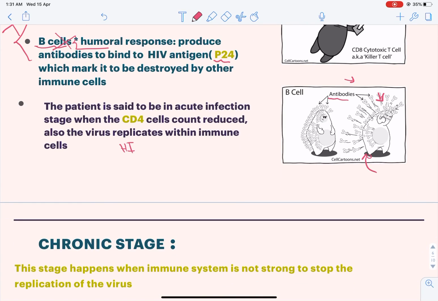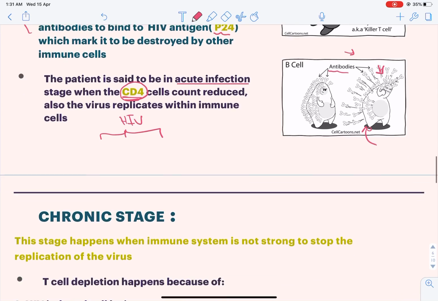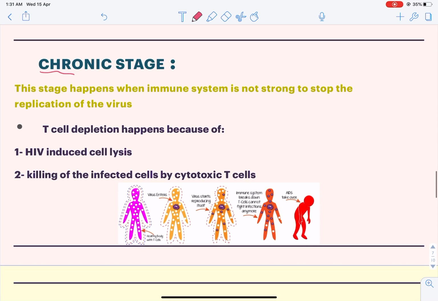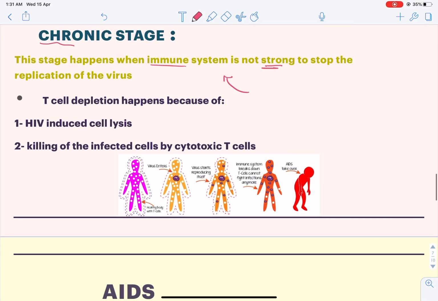HIV has 3 stages, which are acute, chronic, and AIDS. The first stage is the acute infection, when the virus enters the body and begins to reduce the CD4 cell count. Then we have the chronic stage, when the virus increases in number and the immune system is weak and cannot fight back against the virus.